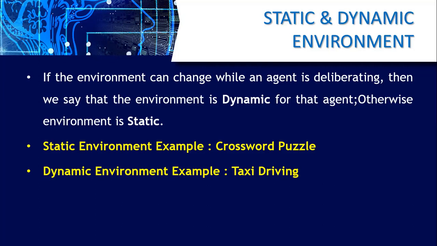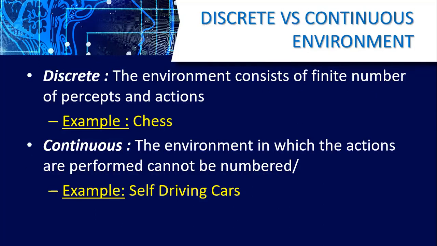You have to see the traffic signals. So based upon the environment inputs, the percepts, the driver has to take his own decision. That is the environment for the taxi driver AI agent: a dynamic one, a changing one. So based upon the changes, the driver has to take his own decision.